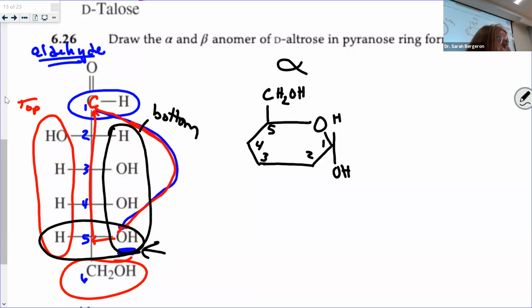How about carbon 2? Does the OH go on top or bottom? Carbon 2, here's my carbon 2. Does my OH go on top or bottom? Top. So then it'd be H going down. How about carbon 3? Does my OH go on top or bottom? Bottom. Okay. Then carbon 4, top or bottom?